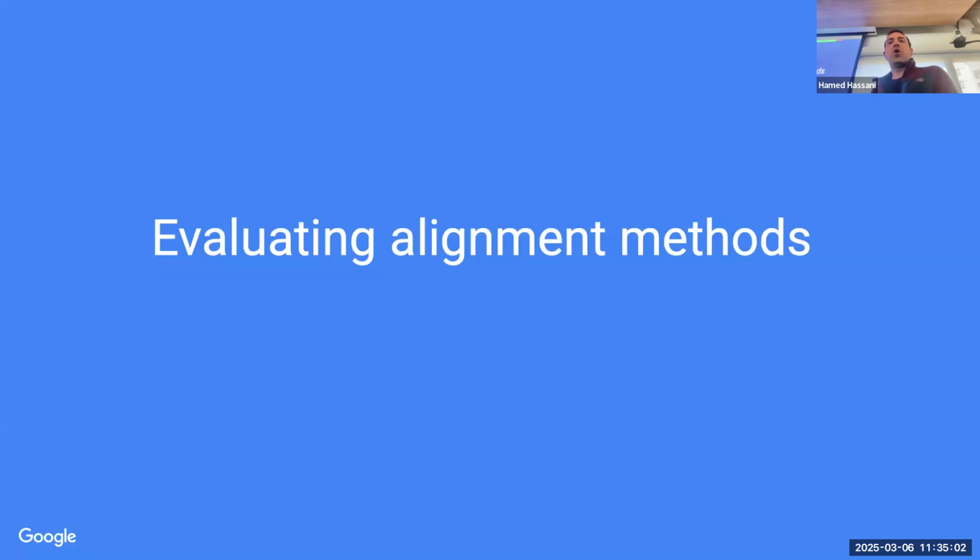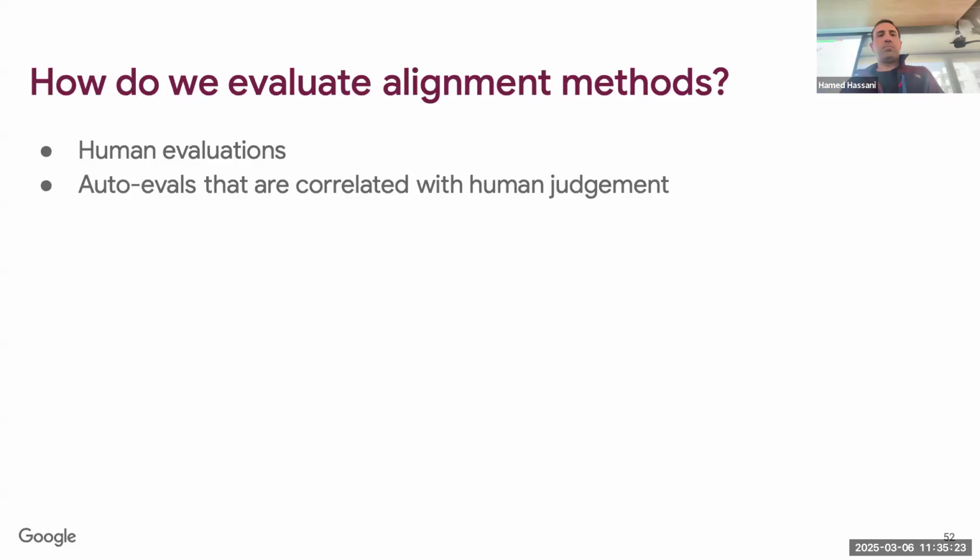Okay, how do we evaluate alignment? We talked about training time and inference time methods, and about these different optimizations. Now, how do we evaluate?